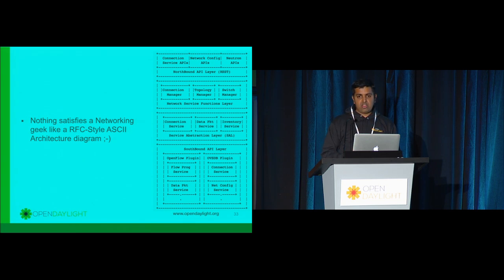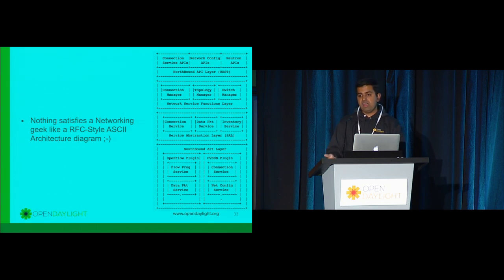The SAL layer can be either AD SAL or MD SAL or both. If you look at today's Hydrogen, both SALs are operational, both in base and any other edition. AD SAL is called API-driven SAL, where it's not model-driven. The developer defines them as APIs in the SAL, and after that, the southbound plugins which provide the service write raw APIs rather than a model.